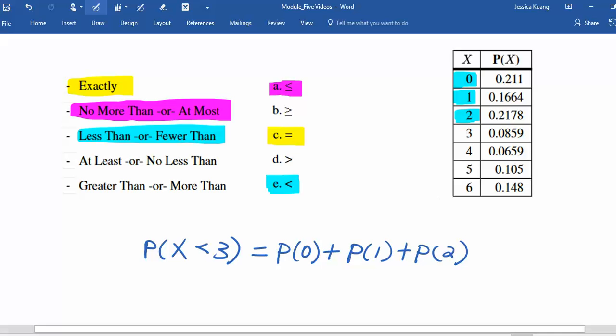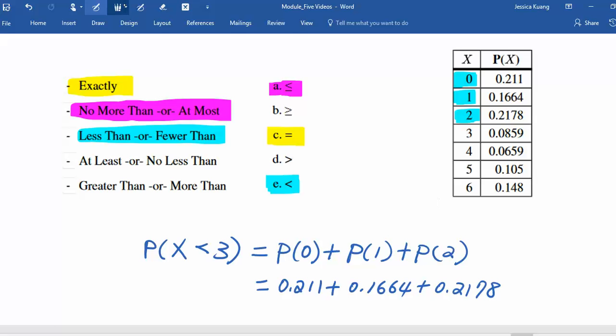So in this case, all we have to do is to sum these probabilities together. In one of the future homework exercises, you will have to carry out calculations like this all by yourself. So just a heads up.